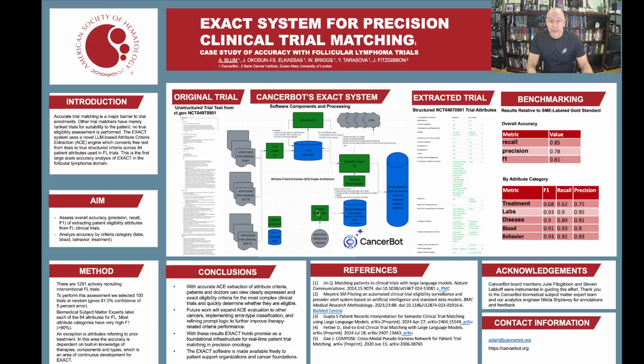Then we have this prompt workbench, box 2 here, where subject matter expert prompt engineers refine prompts for those 84 attributes. They store them in a prompt database. Then the extraction engine, box 3 here, takes the prompts and uses various large language models to extract the attribute and value from the unstructured text. And then all of this is stored in a master database of all worldwide trials with structured eligibility attributes.